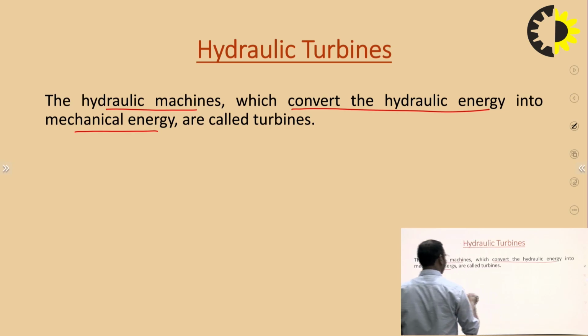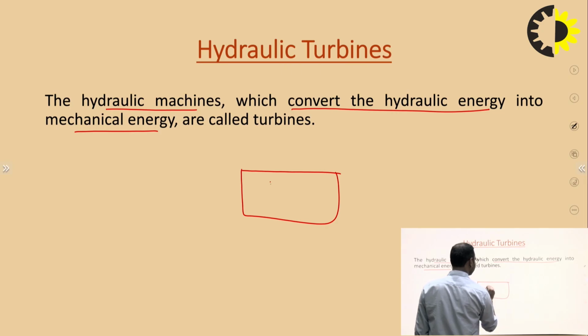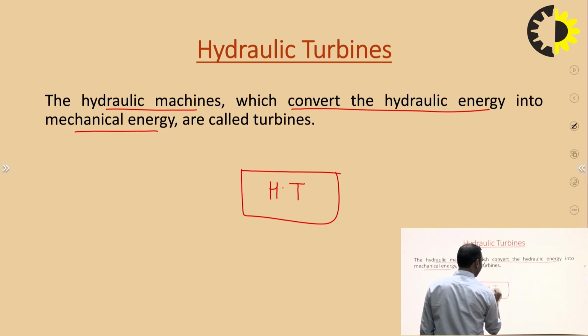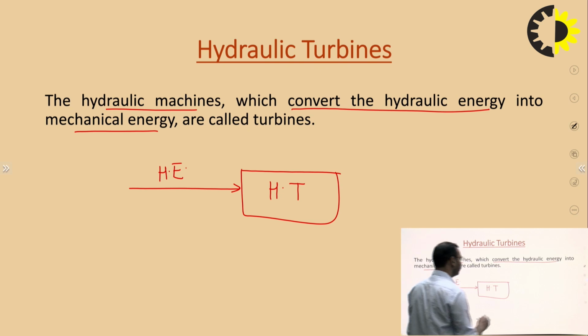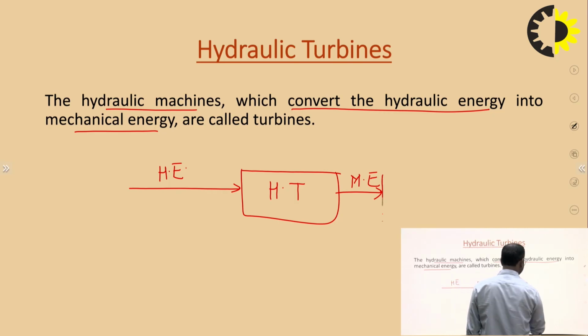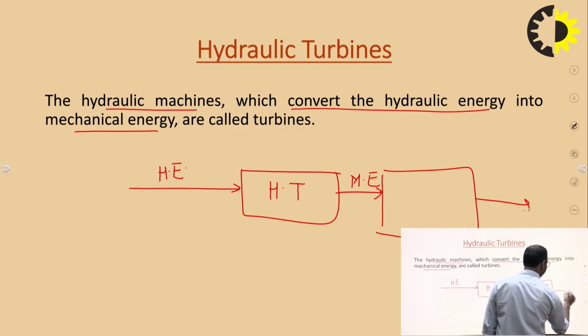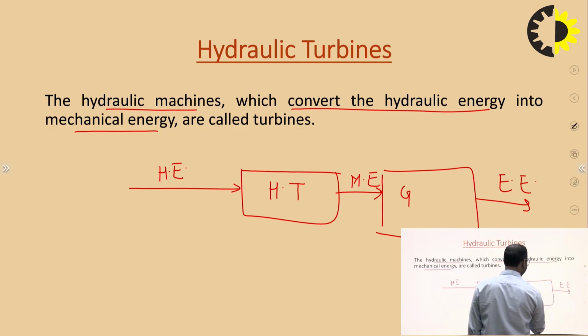So, we can say that hydraulic turbines are the hydraulic machines which convert hydraulic energy into mechanical energy, and this mechanical energy is further converted into electrical energy with the help of a generator.